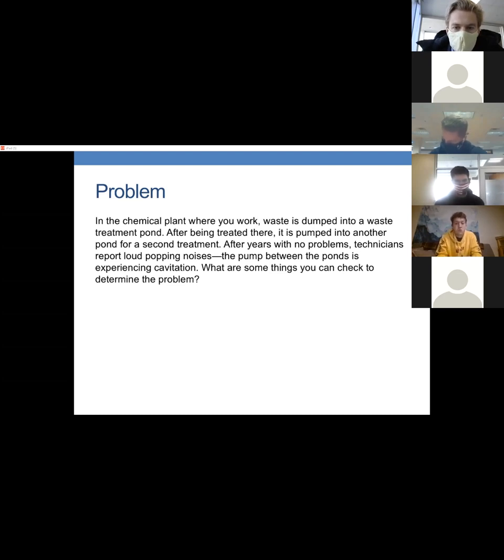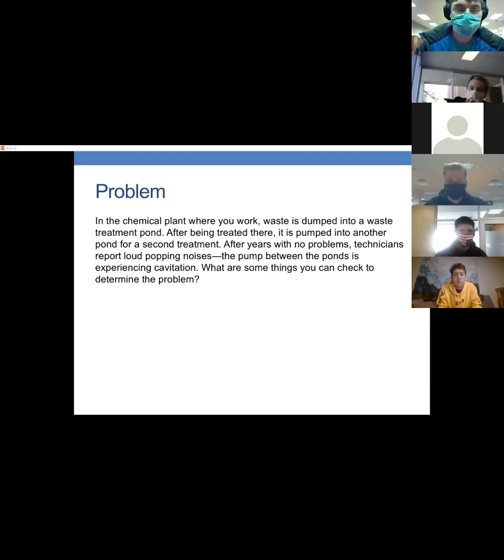Waste is dumped into a treatment pond and then pumped to a second pond. It's worked fine for years, and then suddenly someone reports that they are hearing sounds of cavitation. So what are some things you can check to see what has changed?